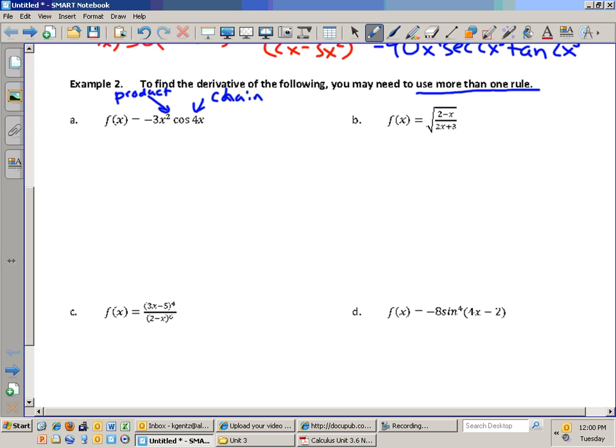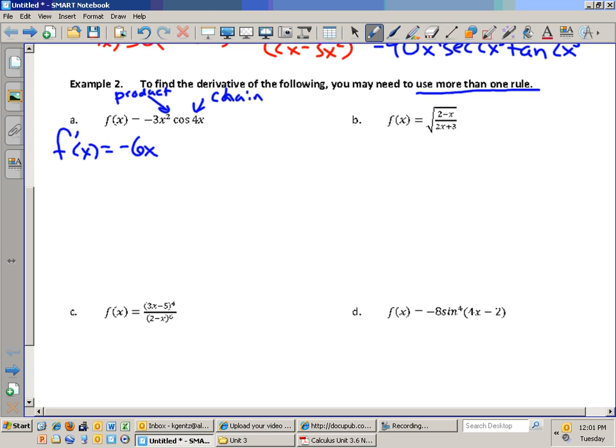No, that's a good question. I don't know if I really have a good response right now. Well, we'll try. So being the product rule sits on the outer part, I'm going to start with that first. And the product rule says I take the derivative of the first times the second left alone, right? So watch what I do here. I will say f prime of x is equal to, what's the derivative of that?